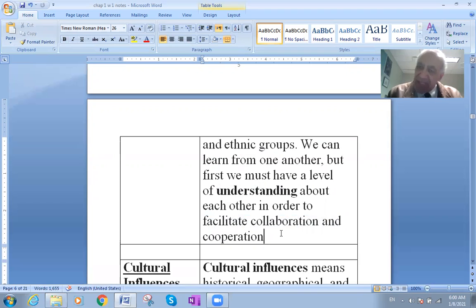So we have to know at least a minimum of points about the culture of each other. Then we will acquire it. We will take from it what we can and what we cannot. For example, Muslims don't eat pork, so they live in societies where people can eat pork, but they don't eat it. They can eat beef. For the Jewish, the same thing. There is kosher for the Jewish, and for the Muslim, there is halal.